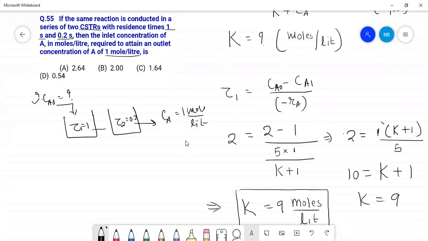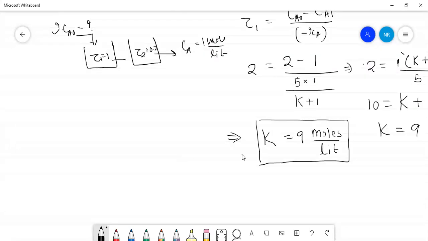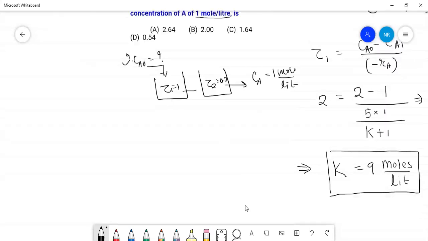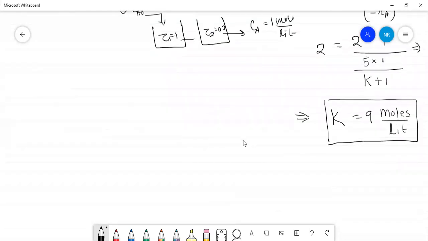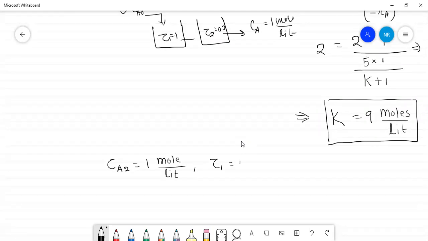Okay, so let's find it out. What data do we have? Ca2 is 1 mole per liter. Tau 1 is 1 second. Tau 2 is 0.2 second.